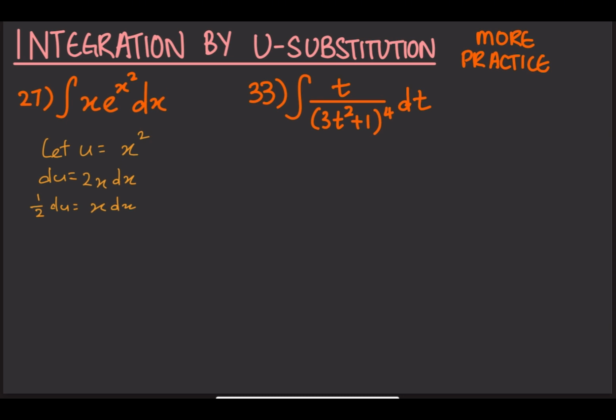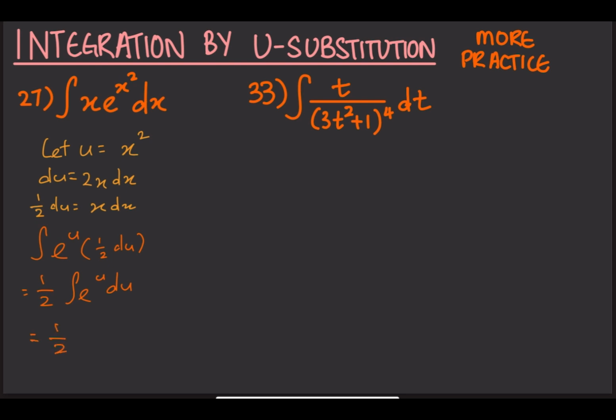So we have the integral of e power u, because u is x squared, then we have half of du. We can take the half out. Integral e power u du, and we always know that the integral of exponential to the power of u or power of anything else is the same exponential, right?